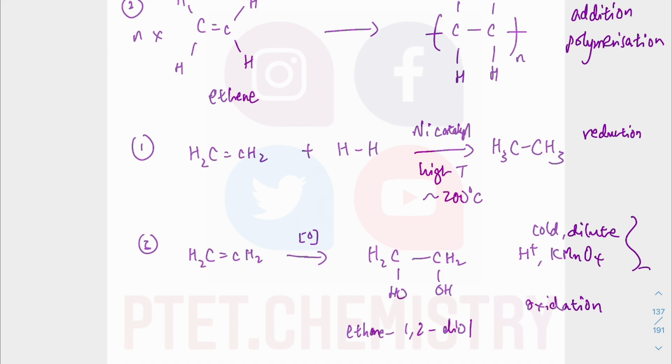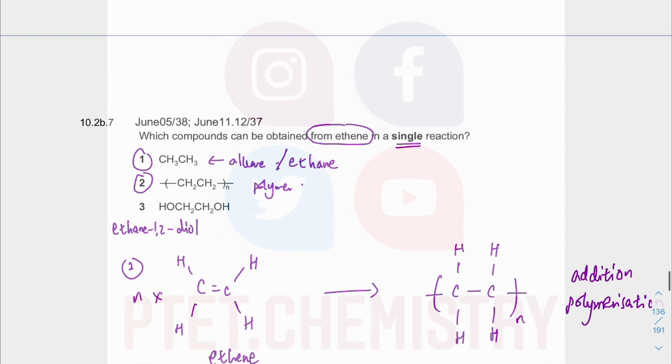Same deal here: this leads to oxidative cleavage, or the oxidative rupture of the carbon-carbon double bond. When you use hot acidified KMnO4, you're just going to get CO2 from both sides. Anyway, you can get all 3 in one step from alkene, from ethene specifically. So there's A for you.